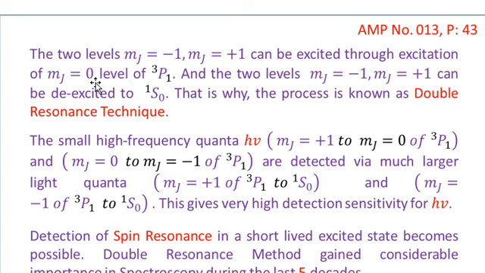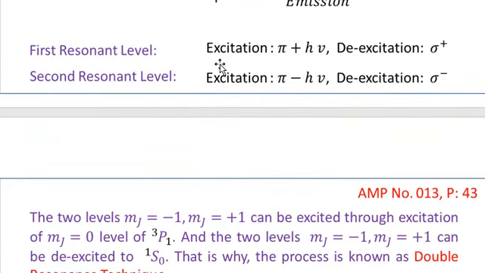So the Mj is equal to 0 level of the 3p1 state can be used to excite the other two levels of the 3p1 state, which are Mj is equal to minus 1 and Mj is equal to plus 1. And these two levels, Mj is equal to minus 1 and Mj is equal to plus 1, can be de-excited to 1s0. That is why the process is known as the double resonance technique. And these two resonant levels are what I have explained over here.